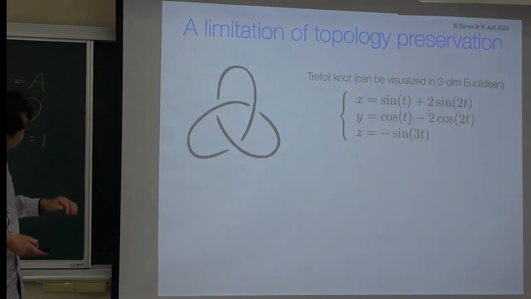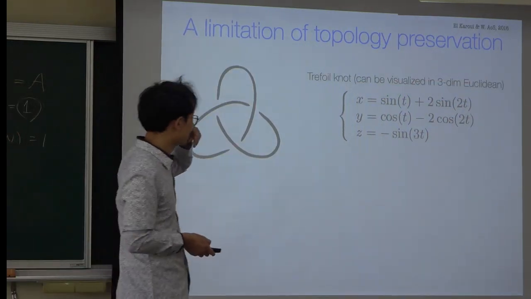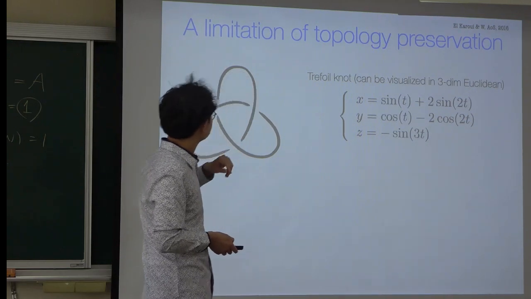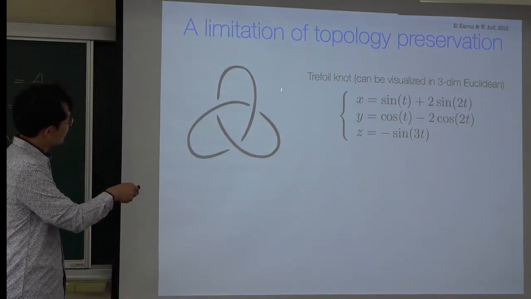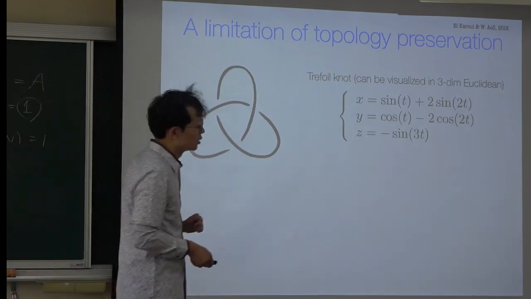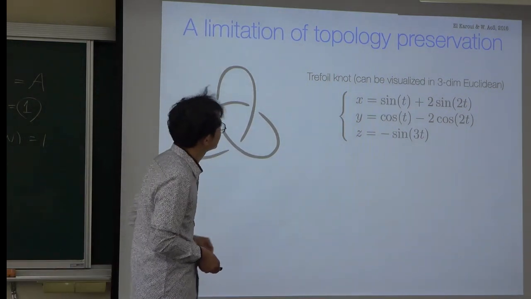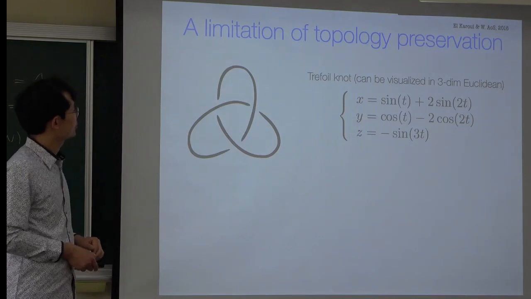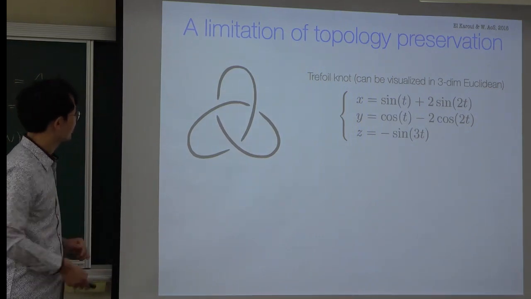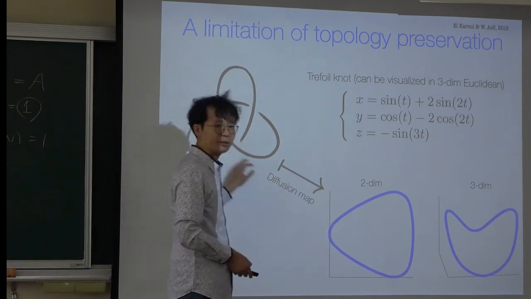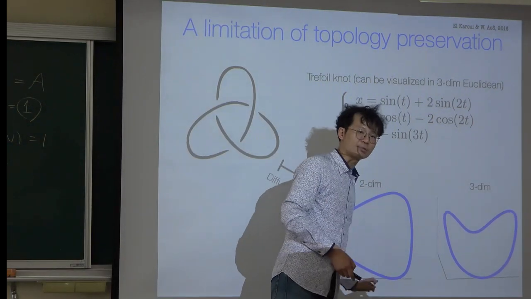And this is the final slide. So this is a limitation of topological preservation. We know this trefoil knot, which is embedded in three-dimensional space, and it has a parameterization. If you run diffusion map, no matter how you do it, you can only recover S1.